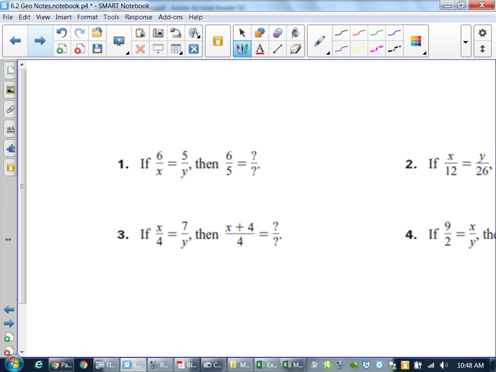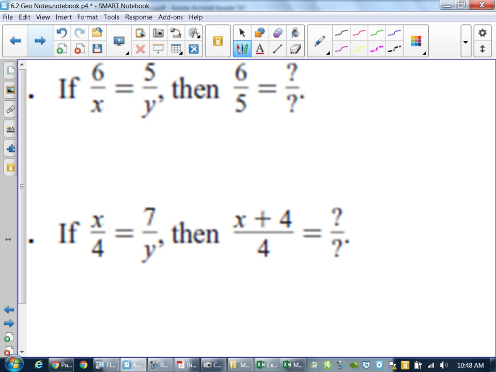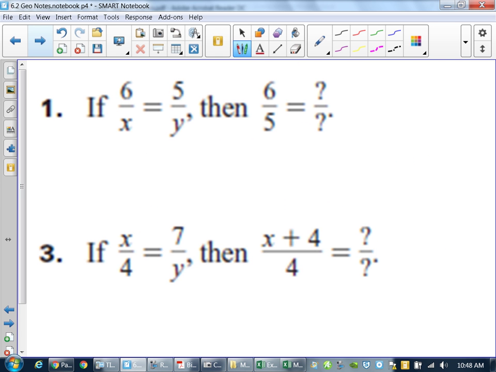So basically, what you guys will be able to look at are problems like this to try to figure out what did they do. If they start out with 6 over x is 5 over y, then they said the first thing you did was put 6 over 5. What does the other one have to be? X over y.